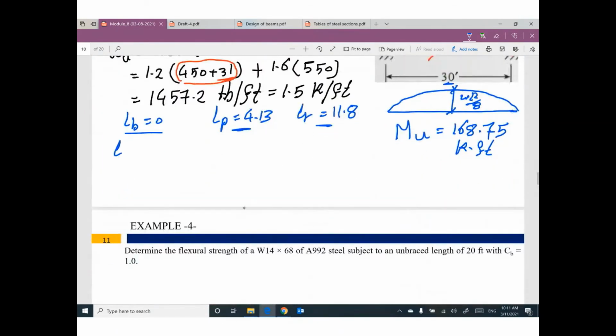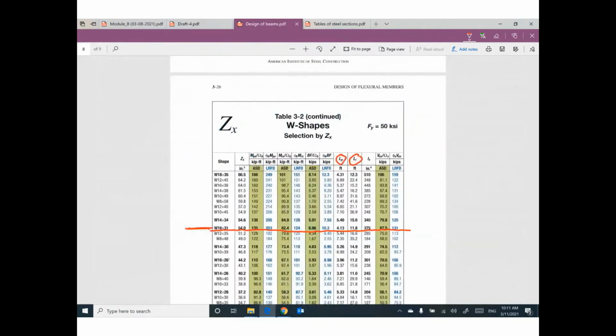So LB smaller than or equal LP. So the design bending moment equals phi F yield times ZX, or phi times M plastic, which is equal to this value.